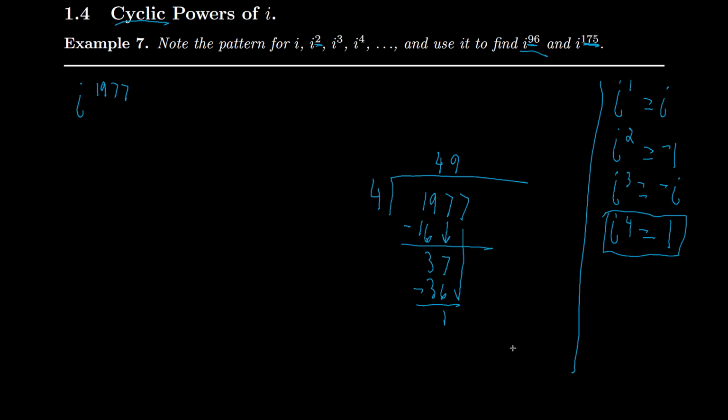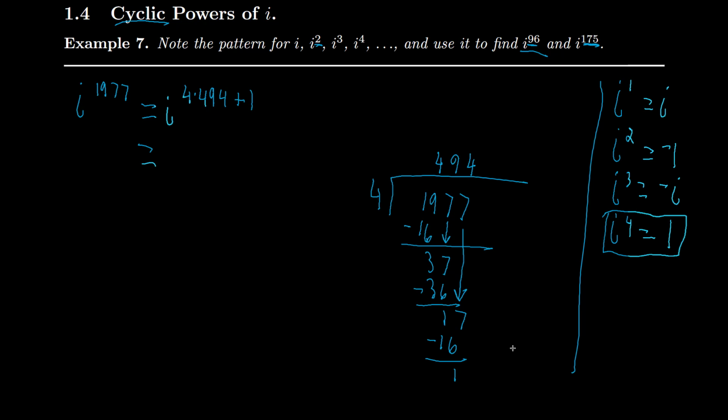Bring down the 7. And 4 goes into 17, which is what happens when you bring this in, 4 times. 4 times 4 is 16, and you get a remainder of 1. So then we can write 1977 as 4 times 494 plus 1.